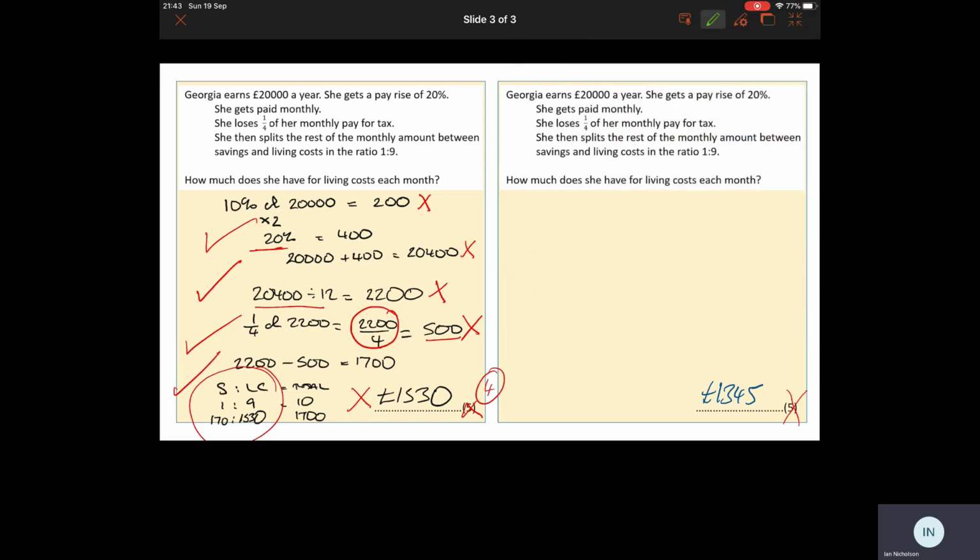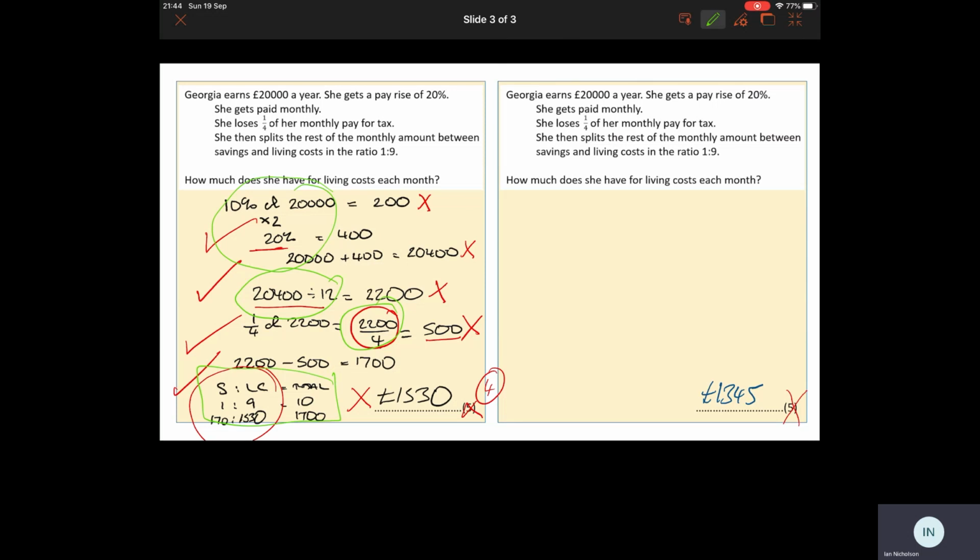Okay, so they tried to find 20% by doing 10% and doubling. They divided the salary by 12. They found a quarter by dividing by 4. They then split it up into a ratio.